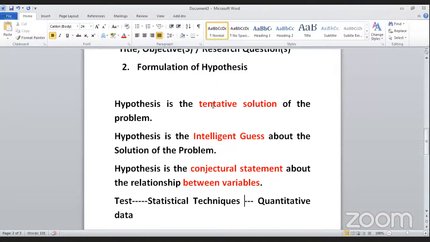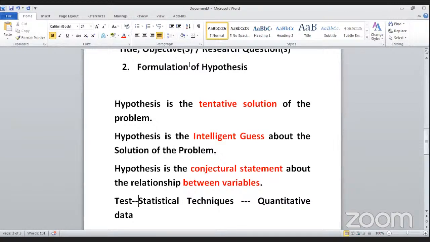I repeat, if as a researcher you do not have quantitative data, but you have qualitative data, the qualitative data cannot be analyzed with the help of a statistical technique, and then you cannot test a hypothesis. And if you cannot test a hypothesis, then you cannot formulate the hypothesis.